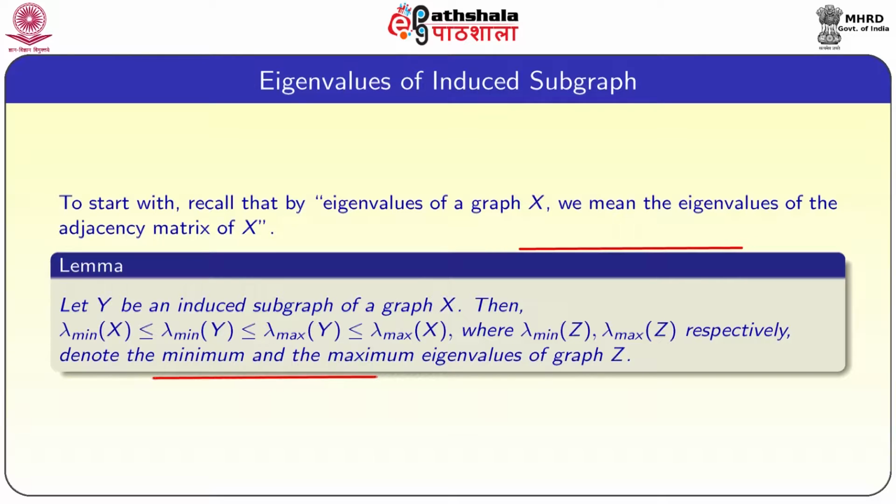Then the minimum eigenvalue of X is less than or equal to the minimum eigenvalue of Y, which is less than or equal to the maximum eigenvalue of Y, which is less than or equal to the maximum eigenvalue of X. That means the eigenvalues of Y lie in between the eigenvalues of X, where lambda minimum of Z and lambda maximum of Z respectively denote the minimum and maximum eigenvalues of the graph Z.